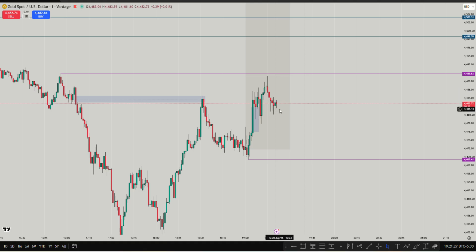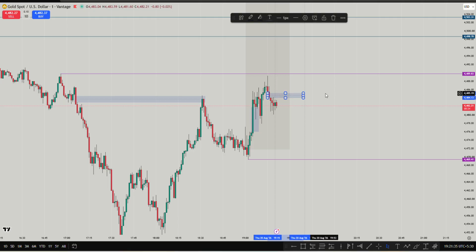We are inside the macro. We have a tiny fair value gap. This is our first gap. Let me mark.